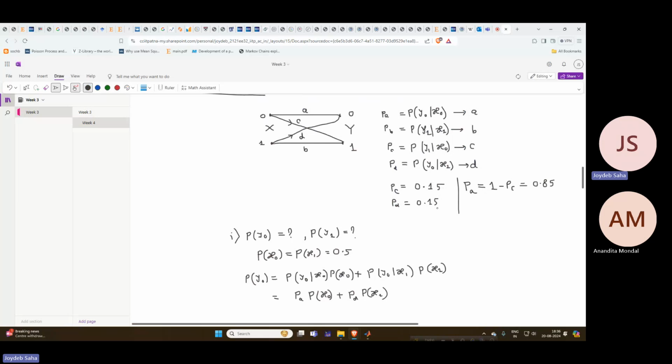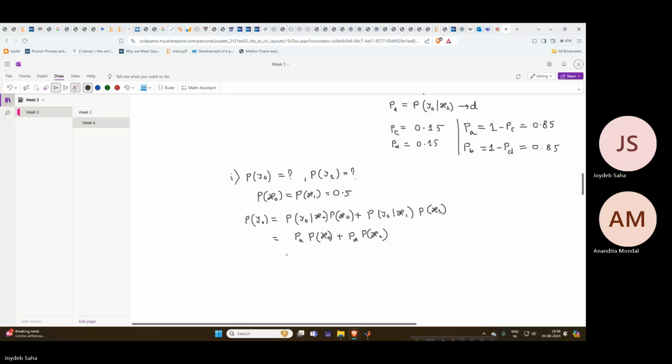Similarly, PD indicates y0 upon x1. If input is 1, there can be only two cases, either output will be 0 or 1. So similarly, using PD, we can calculate PB, which is 1 minus PD, which is again 0.85.